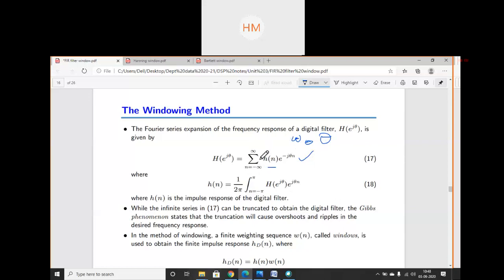See, here we have the limits minus infinity to infinity. So to get a digital filter, this is an infinite series, we can truncate it to get the finite digital filters. The Gibbs phenomenon states that the truncation will cause overshoots and ripples in the desired frequency response.